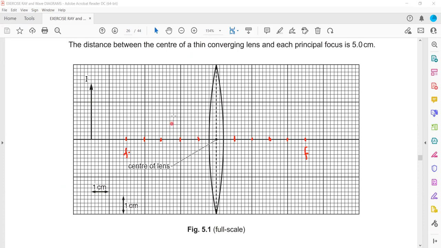Because if the object is within the focus, then the parallel light ray passes through the focus, and one goes through the center. So the object should be somewhere here.